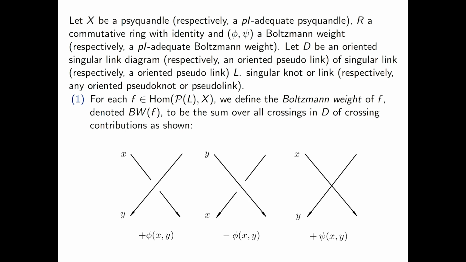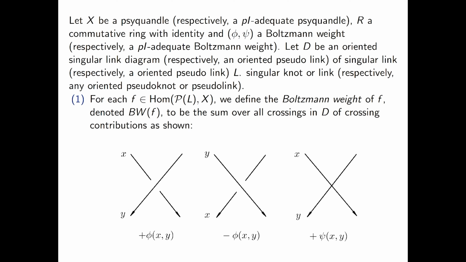So now the question becomes, how are we going to use a Boltzmann weight of a Psyquandle to enhance the Psyquandle counting invariant? So let's go ahead and set that up. Here we're going to be considering some Psyquandle, and of course, depending on what kind of knot or link you're considering, this is going to either be a Psyquandle or a P1 adequate Psyquandle.